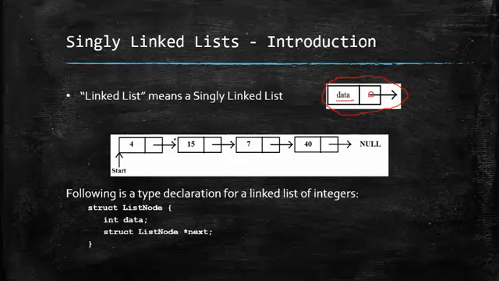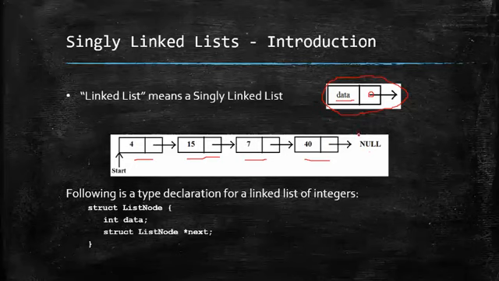As you can see, this is a representation of a small list which contains 4 nodes: node 1, node 2, node 3, and node 4, and each has a pointer which points to the next element. This pointer of 7 points to the next element. This pointer of 40 points to something else.